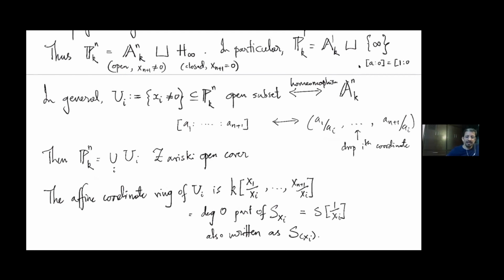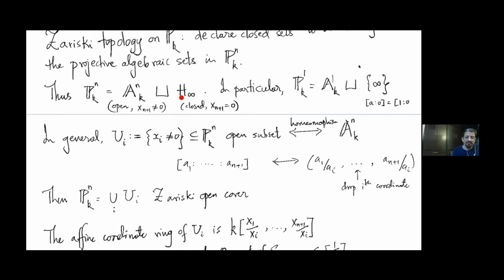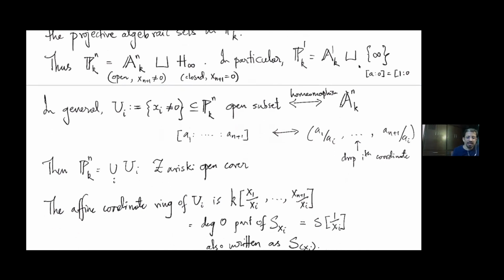So in general, here the hyperplane at infinity was designated to be the locus where x_(n+1) is equal to 0. But there's nothing special about the last coordinate. It's just a convenient choice. So if you're willing to be more flexible, then in fact you can pick any i, and then you can say, okay, let's look at U_i, which is the locus where x_i is not 0. That will correspond to an affine space, just like before.